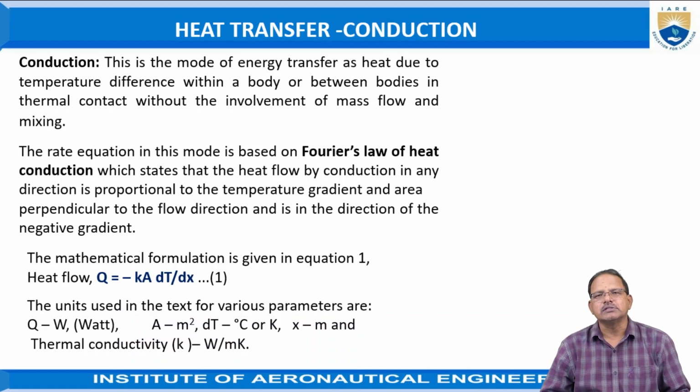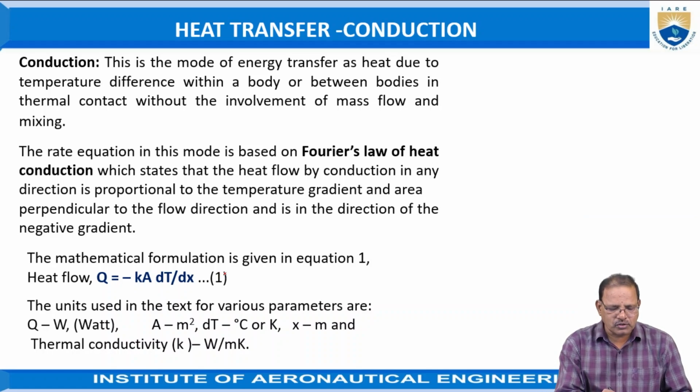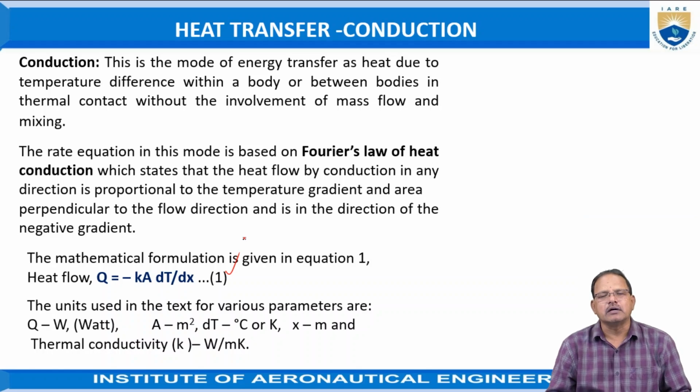So this equation can be written as Q equals minus K into A into dT by dx, where K represents the thermal conductivity of the material. It is a property of the material only, A is the area of the cross section, and dT by dx is called the temperature gradient, that is, change in temperature per unit length.